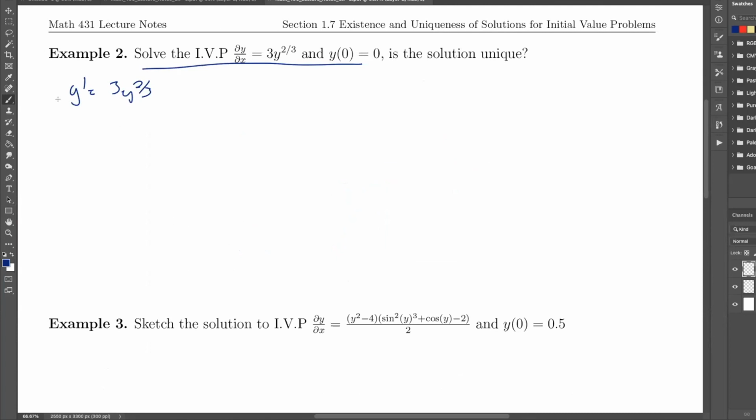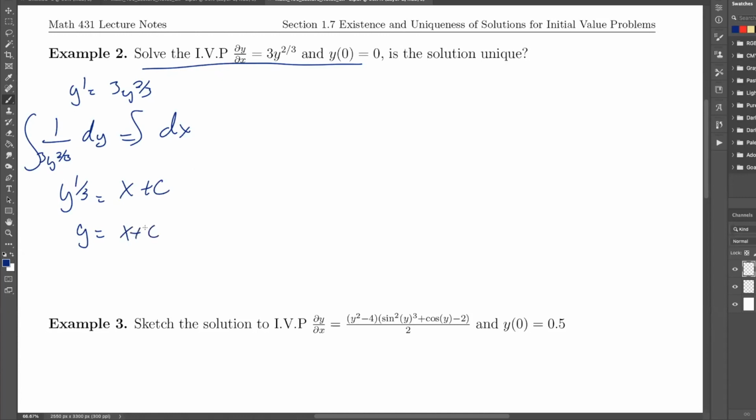So if I solve this, I have 1 over 3y to the 2/3 dy equals dx. Integrate both sides. Here I get y to the 1/3 equals x plus c, right? That means y equals (x plus c) cubed.